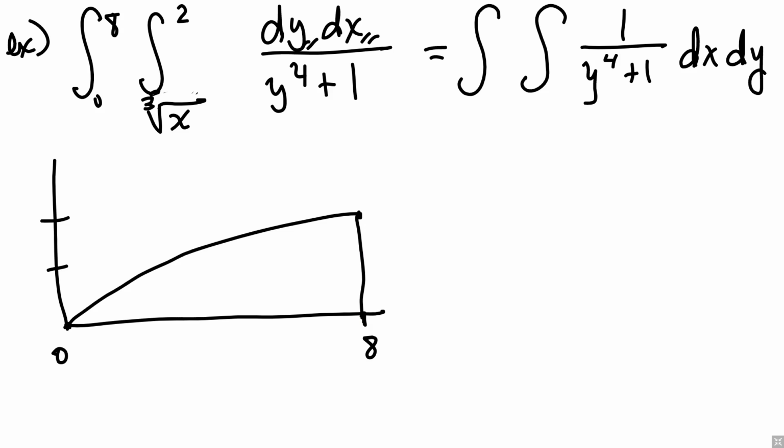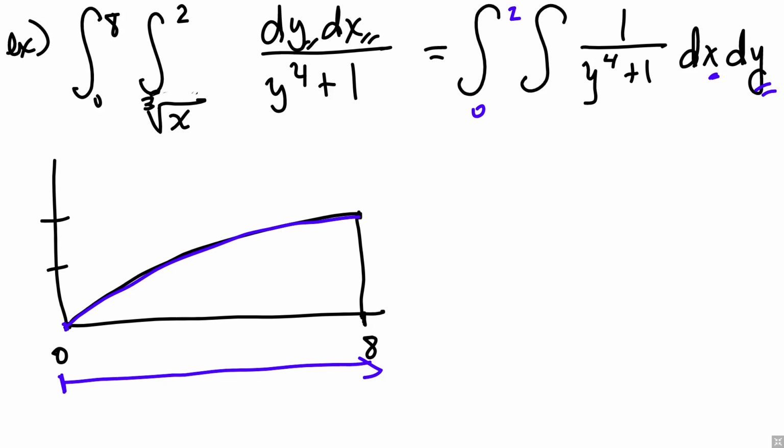Now, switching the limits around, we want y on the outside. Based on the figure, what are our values for y? 0 to 2. And then on the inside, it's x. x is running from here to here, starting here and following along the curve.